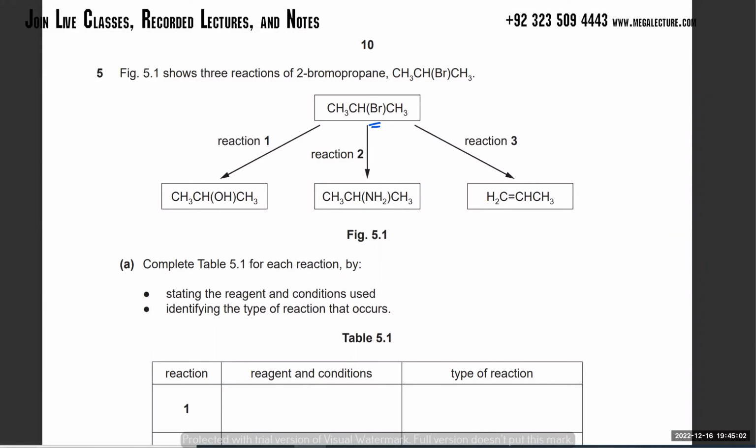So Br getting replaced by OH, that's going to be NaOH aqueous and reflux. अच्छा, और NH, this is NH3 ethanolic and reflux. And heat with reflux. Eliminate करना, you want to get rid of the halogen, that's going to be NaOH ethanolic and reflux or heat.